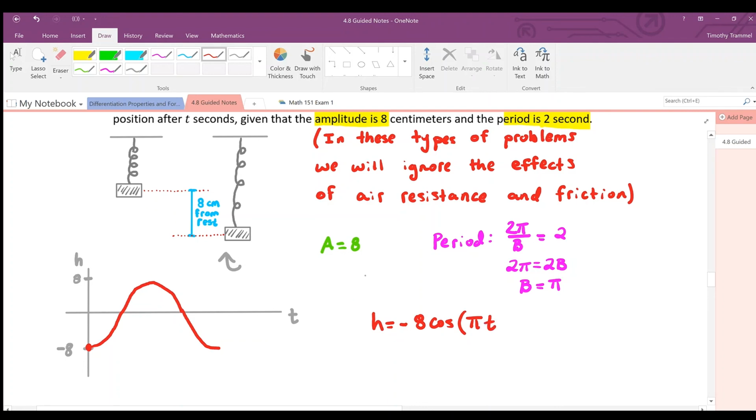And now we didn't have to shift cosine over at all, right? If you just put that negative in front of cosine, you make it start at the bottom of the wave. So there was no phase shift. And the center of the wave, you can see, is along the x-axis. So we haven't been scooted up or down either. So C and D are both 0, and this is the equation that we were looking for.